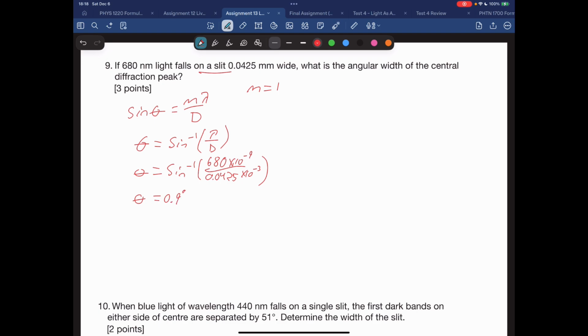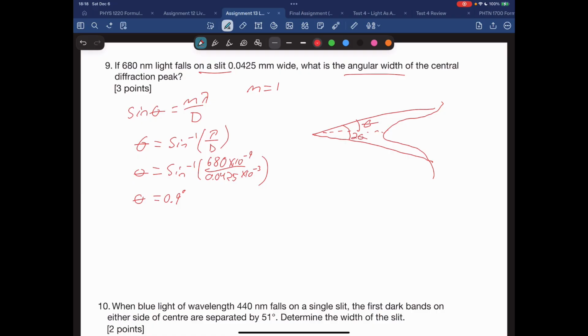However, we are not done. This is only half of the angular width of the central diffraction peak. So what we have done is, if this is my peak, we have calculated this angle theta here, where we want this angle here of 2 theta.